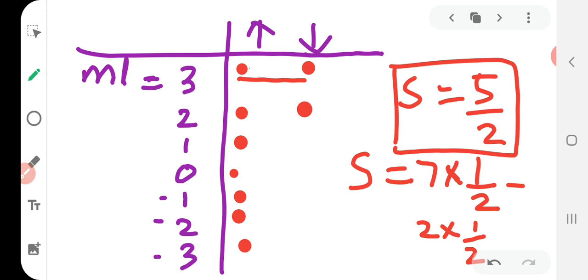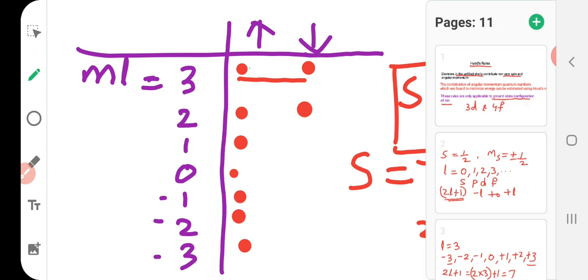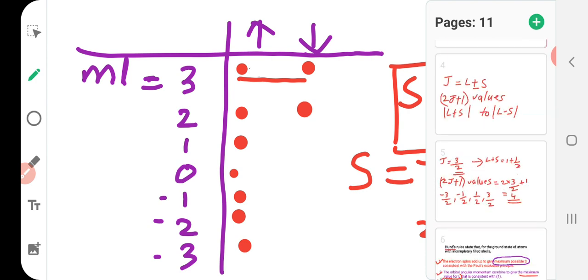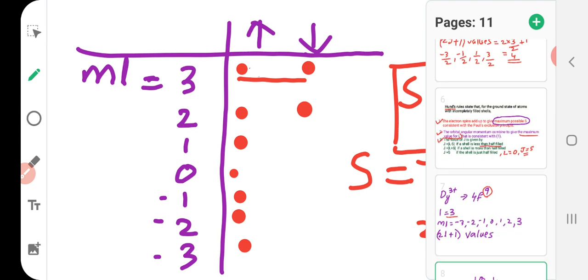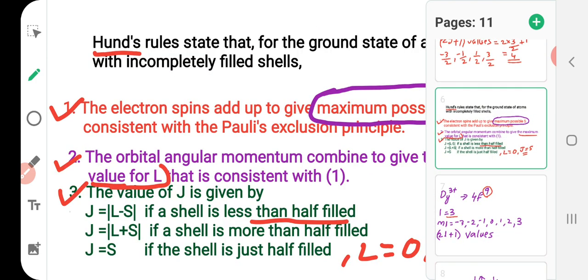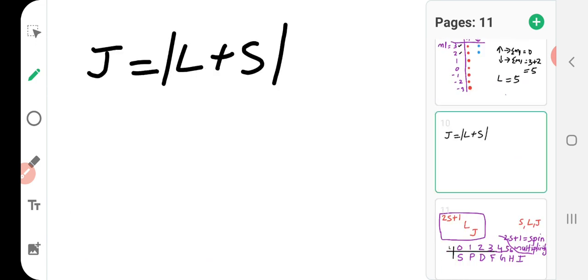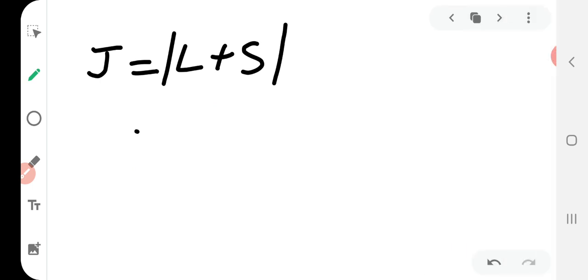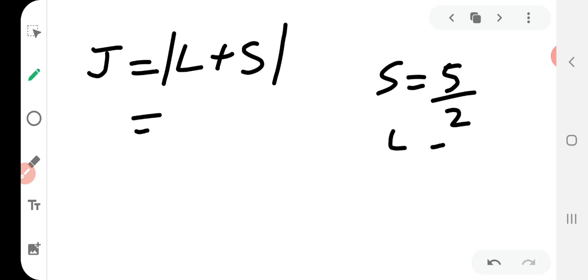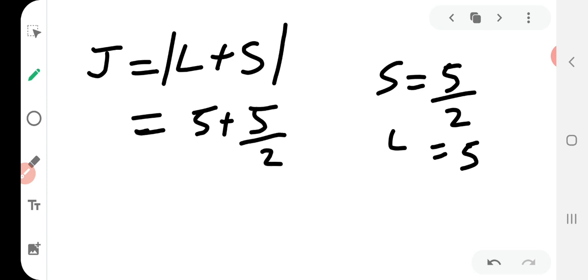So we have to apply which rule? J is equal to L plus S if a shell is more than half filled. So applying this, what do we get? S we have found as 5 by 2, L as 5. So J will be the modulus of 5 plus 5 by 2, that is 15 by 2.